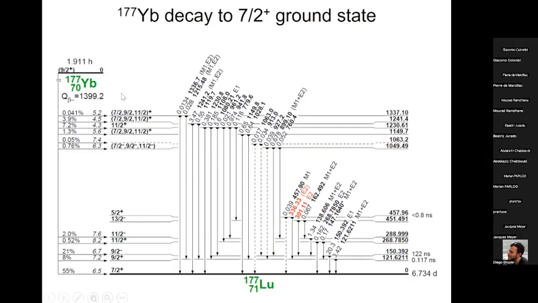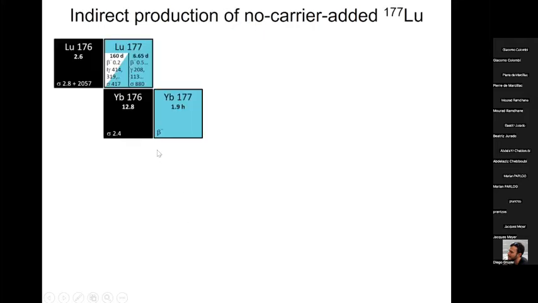There's another way, because we could produce ytterbium-177. Now, this is the medium spin, but it decays exclusively to the ground state of the lutetium-177 and not at all to the isomeric. So what we do is we start out with ytterbium-176, we capture a neutron, and then we rely on the spin selection rules of nuclear beta decay, which will only populate the ground state.